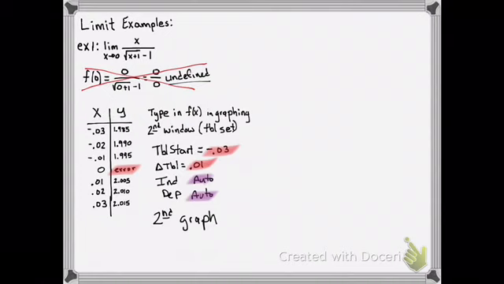My increasing pattern, 1.985, 1.990, 1.995, hopefully we can see that they're going up by 0.005 every single time. When we look at the other pattern, 2.015, 2.010, 2.005, that's counting down by 0.005 every single time.